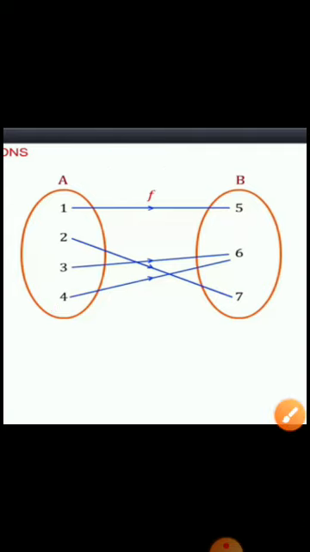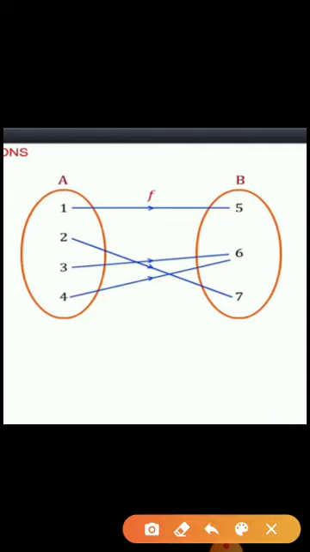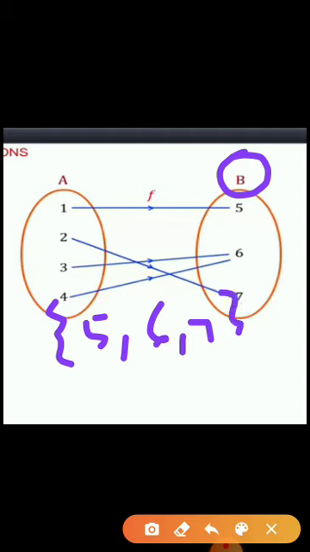Okay. Now to check whether it is an onto function or not, first tell what are the elements in the codomain. Codomain is the set B. I have 5, 6 and 7. Okay, this is my codomain set B. Now can you tell what is the range of this function f?